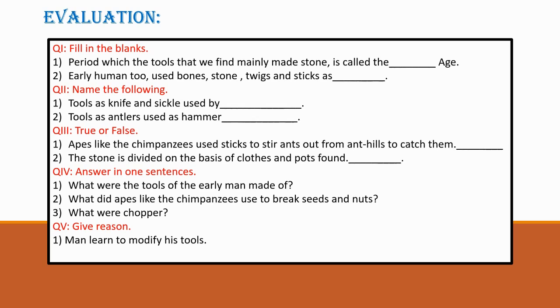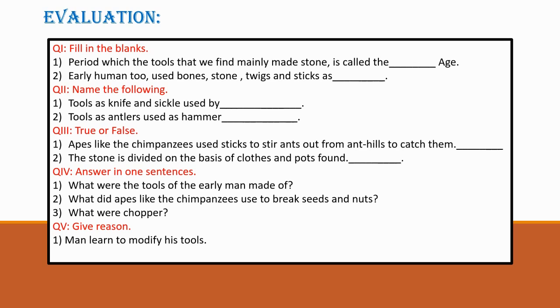So answer is apes like the chimpanzee use stone to break seeds and nuts. Then what were choppers? So choppers were crude tools of which only one side had a sharp edge.